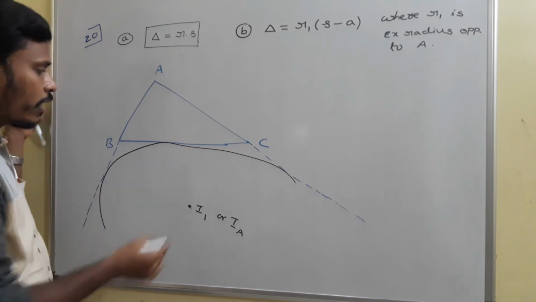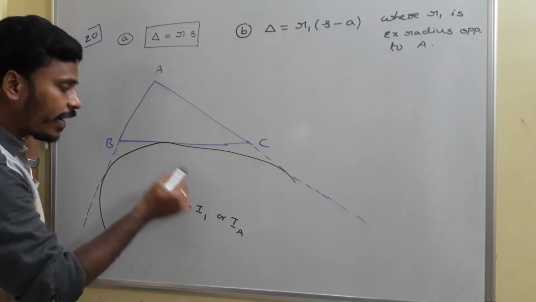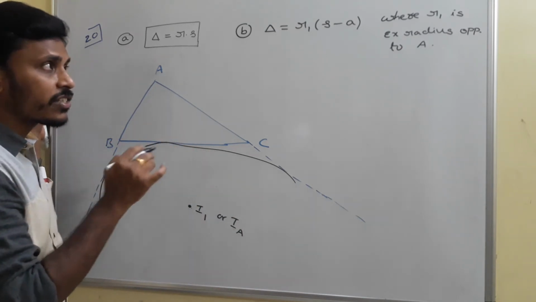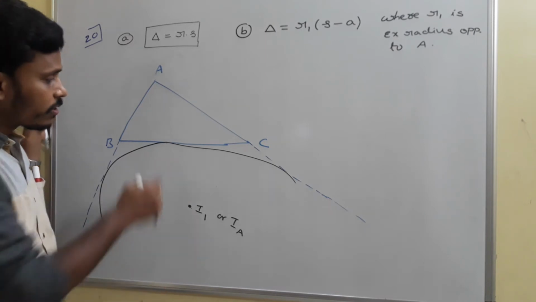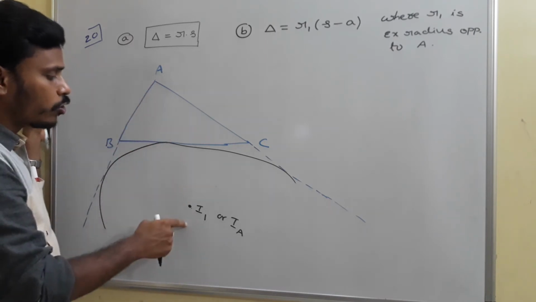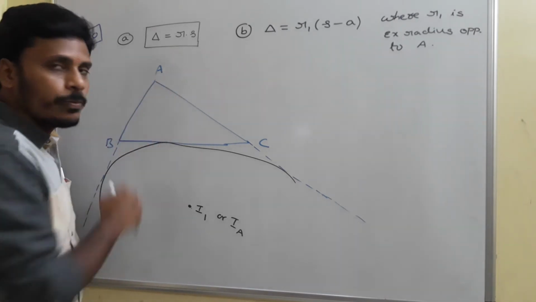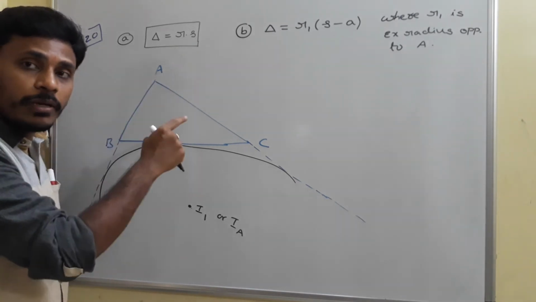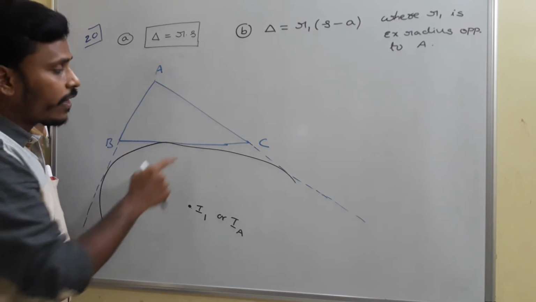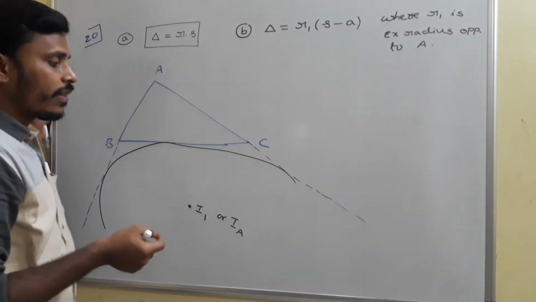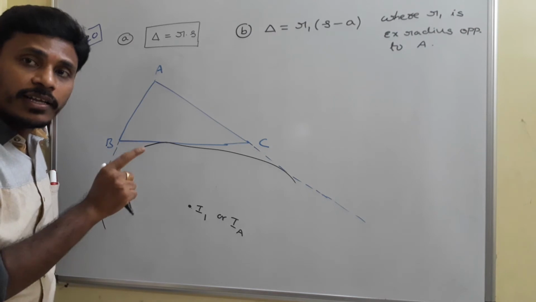The radius of this excircle is the exradius, and that is R1, opposite to vertex A. Similarly, there is a circle opposite to vertex B, that is IB, its radius is R2. There is a circle opposite to vertex C, that is IC, and its radius is R3.